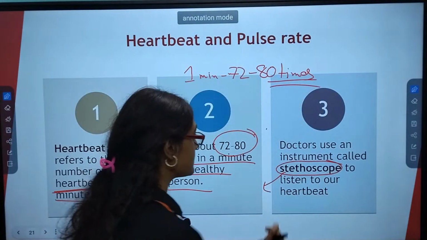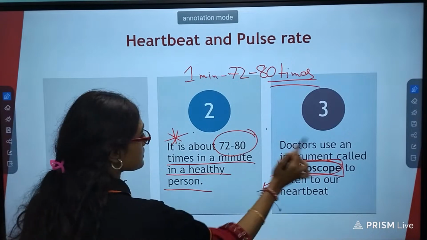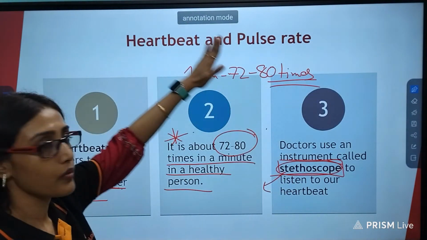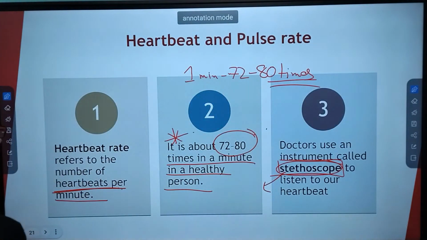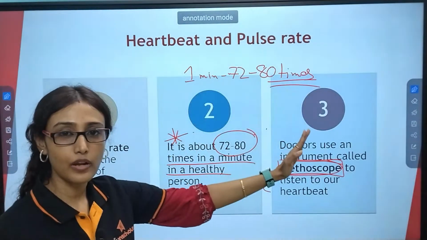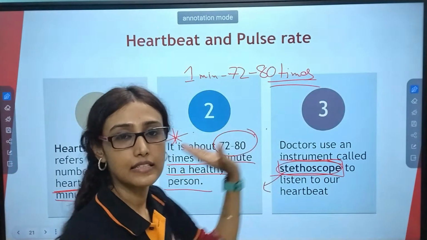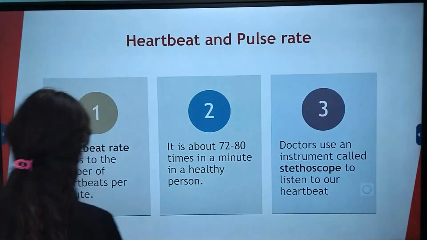You have seen this instrument so many times. So what this instrument does, today you have known, it actually sees how your heart is beating. And how many times does your heart beat in a minute? 70 to 80 times, and it varies from person to person.